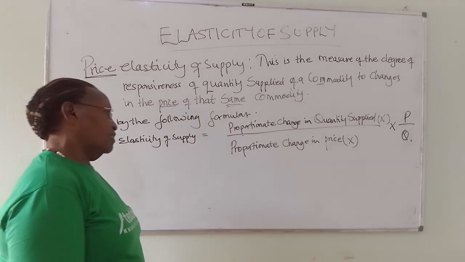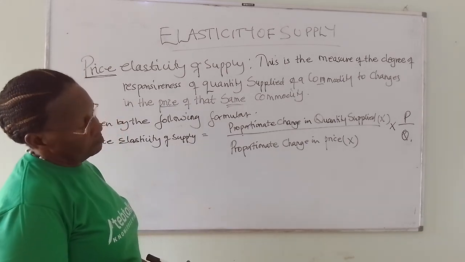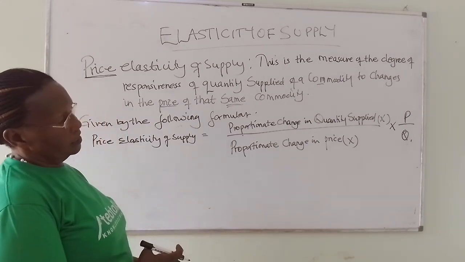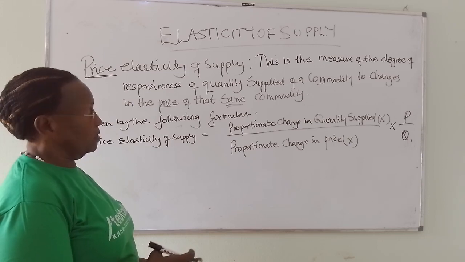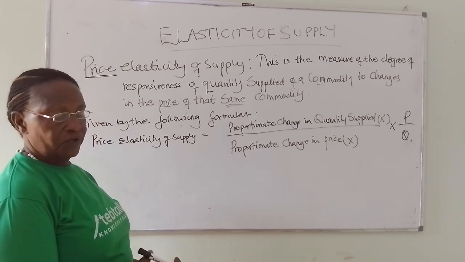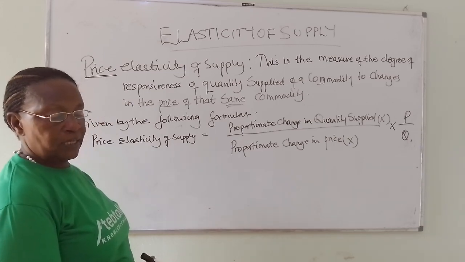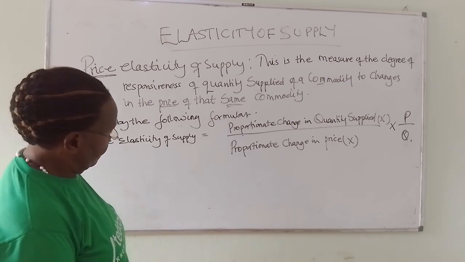And we find that this degree can either be positive or negative, greater than 1, less than 1, and we shall interpret the values accordingly as they may be calculated.